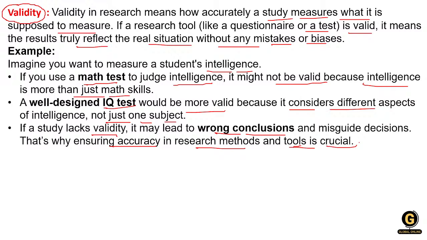And if you are following the exact correct procedure which is totally relevant to your research problem or research objective, then it is called the research has validity. Clear? That means accuracy, the trueness in your research data, is called validity. Clear?